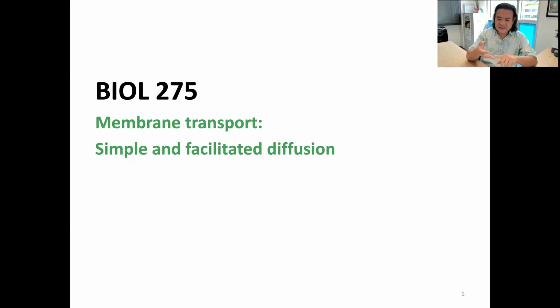And so for the next few lectures, we're going to explore this. It doesn't sound like a terribly exciting topic, moving things across membranes, but it's really critical. And I think once we start looking at the different mechanisms that cells use to move things across membranes, you'll have a new appreciation for it. So let's start off today talking about membrane transport in the context of simple and facilitated diffusion.